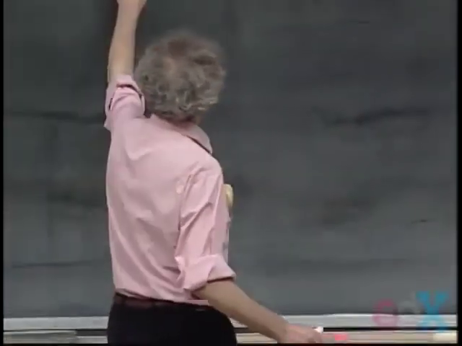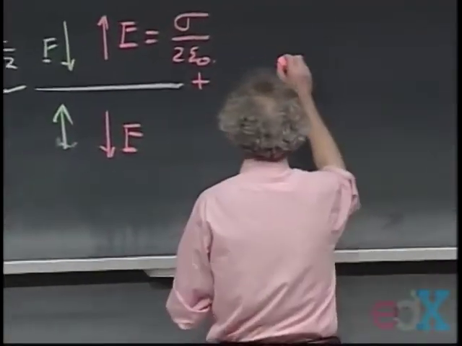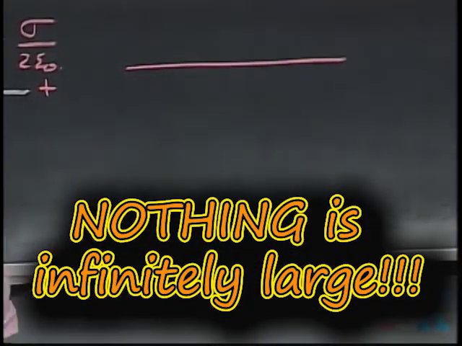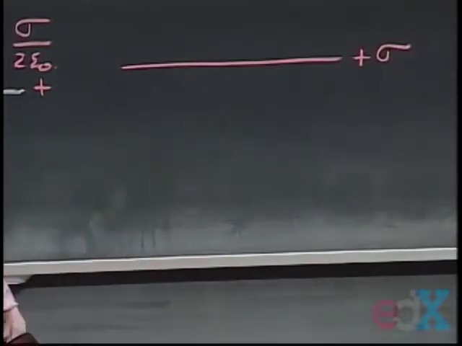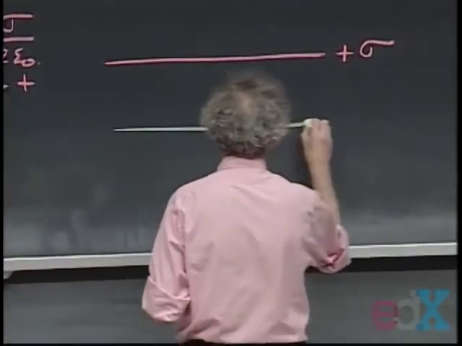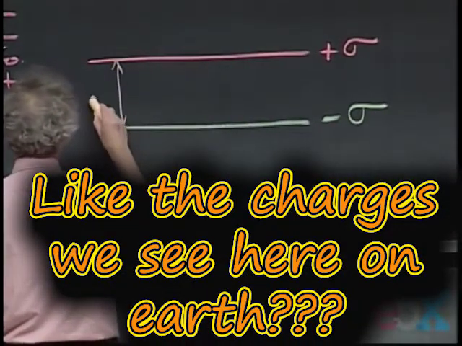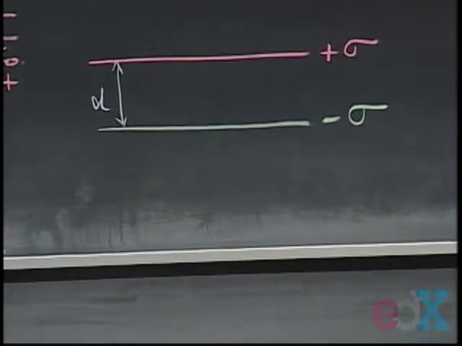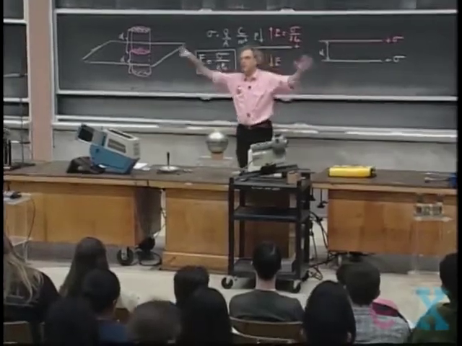Suppose I have here a plate, very large, nothing is infinitely large, of course, and it has a surface charge density plus sigma, and I have here a plate which has surface charge density minus sigma, and the separation between these 2 plates happens to be d. And the question now is, what is the electric field anywhere in space? Here, here, and here. And we'll think of them as being infinitely large, each plate.